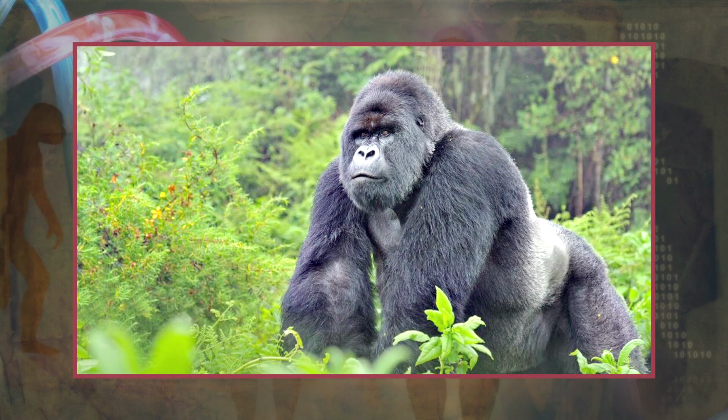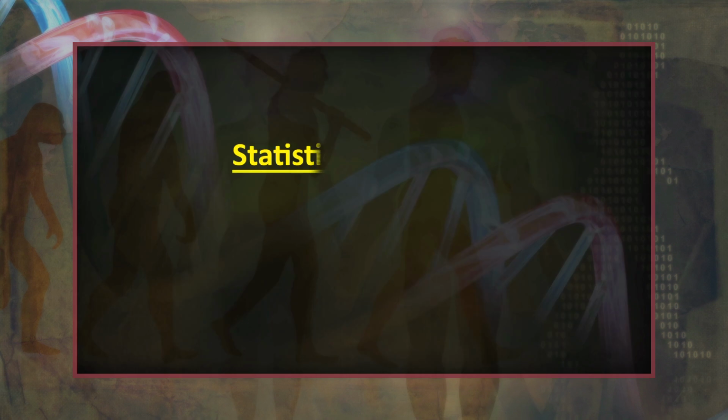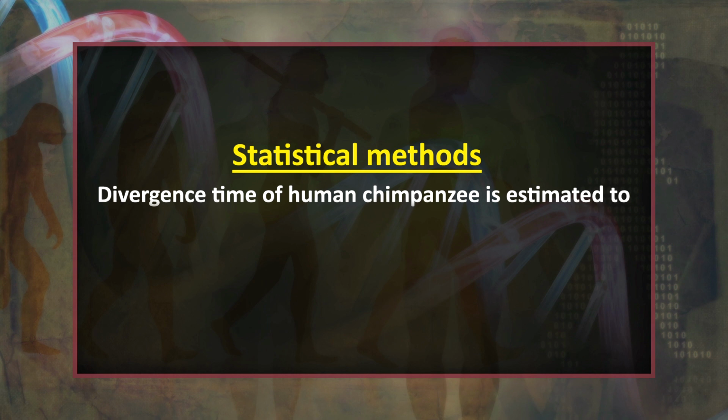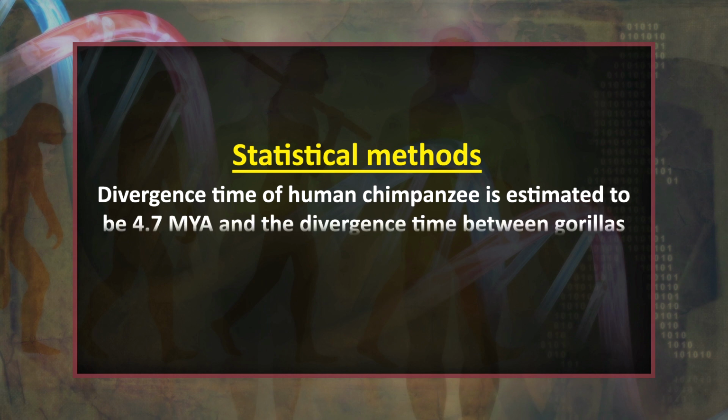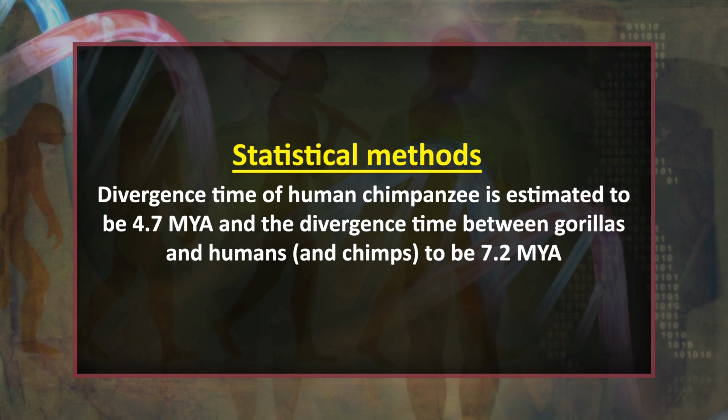Chimpanzees are more closely related to humans than gorillas. Using various statistical methods, the divergence time of human and chimpanzee is estimated to be 4.7 million years ago, and the divergence time between gorillas and humans and chimps to be 7.2 million years ago.